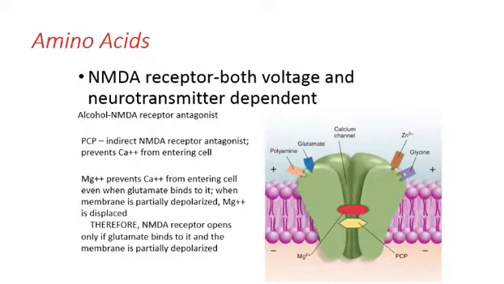Alcohol is an NMDA receptor antagonist, so it keeps the NMDA receptors closed. And PCP is an indirect NMDA receptor antagonist and also prevents calcium from entering the cell.